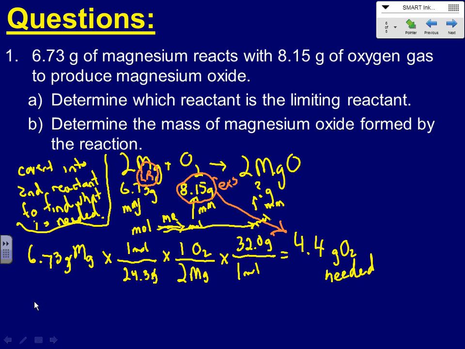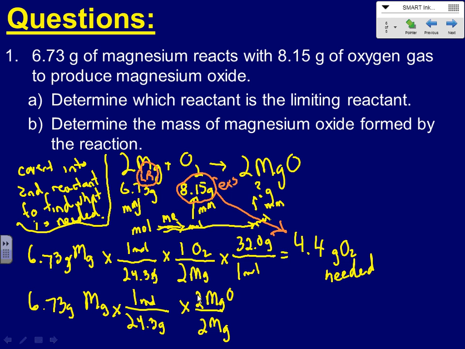So we know that magnesium, 6.73 grams, is the limiting reagent, so we'll use it. We already know what the molar mass is. We know that we're starting with 2 Mg, but now we're going to the product side of the reaction, 2 MgO.